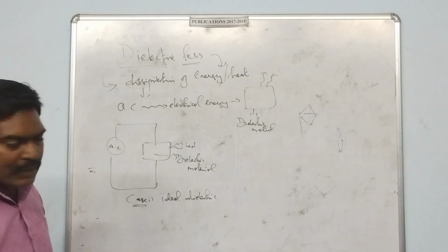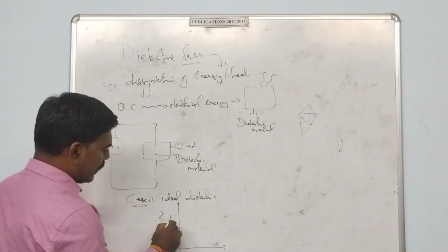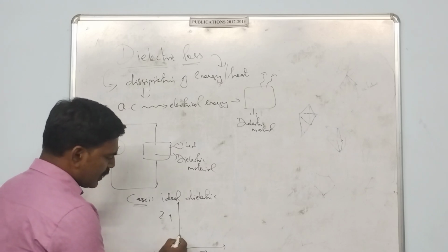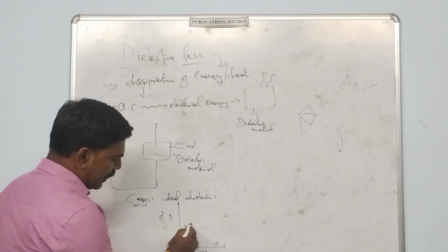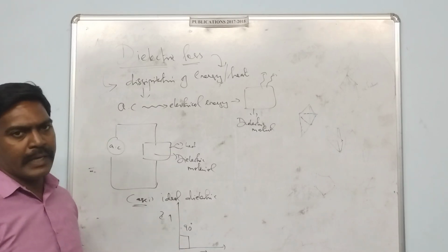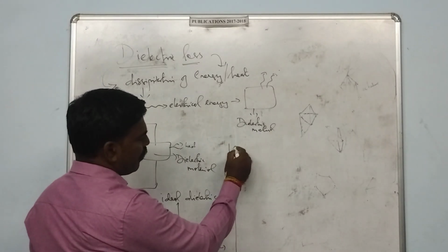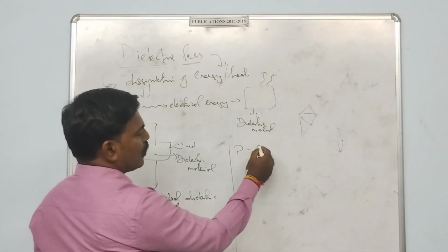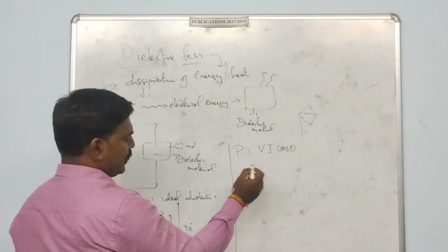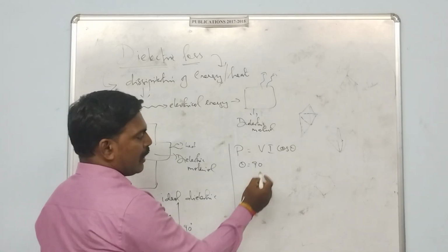How does it happen? When we consider the phasor diagram between current and voltage, it creates a 90-degree phase angle between the current and the voltage. Now find the power loss. You know the formula: power equals voltage into current into cos theta. Here we substitute theta equal to 90 degrees.